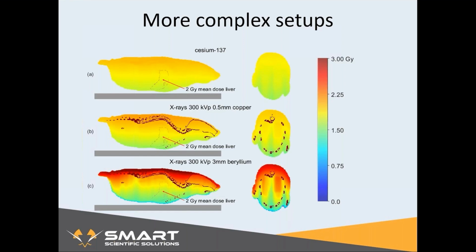You see a bit more dose to the bone, but you could probably still approximate this with a point dose. But once you go to the X-rays, what you see, because of the high amount of low energy photons always present in the spectrum, is that you get an extremely high bone dose and also a shadow cast by the bone in lower regions. And it becomes almost impossible to calculate how this distribution would be by hand.